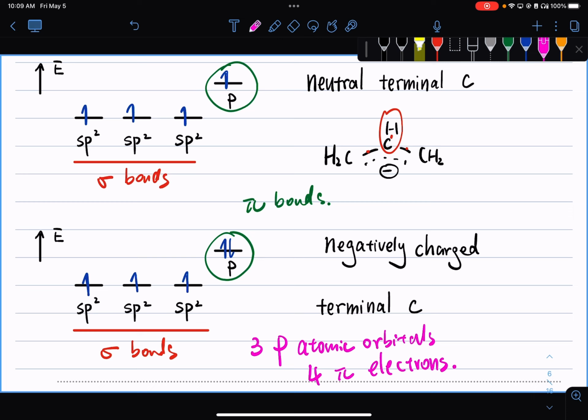With me so far? All right. So now let's do it stepwise. The first step is we look at the sigma bonds. This one is a quick review. Now we know this hybridized atomic orbital is making sigma bonds, and we're sketching the molecular skeleton, or sketching how these sigma bonds are oriented.